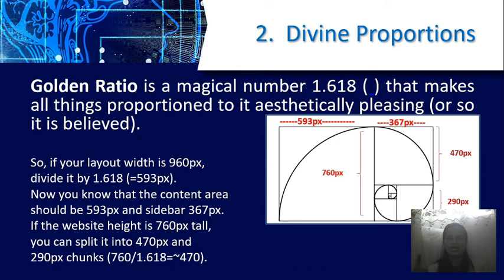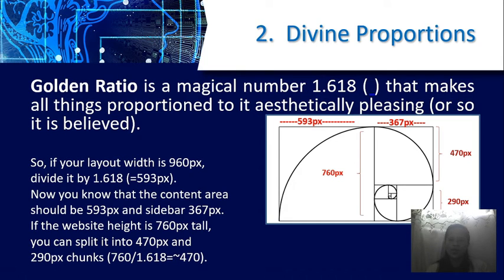They refer to this as the golden ratio. It's a magical number, 1.618, that makes all things proportioned to it aesthetically pleasing, or so it is believed. So in the picture, you have the sizes of your website.